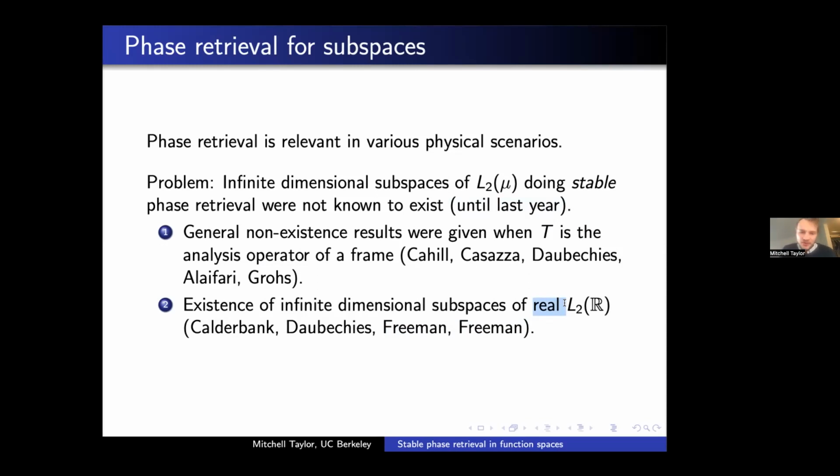So what I want to do now is just give you some extremely simple examples of subspaces that do stable phase retrieval, and I chose these examples because they are so simple. We can say more. These examples for us were motivated by the theory of Lambda p sets, and there's a big theory here about densities and stuff like this, and we were able to construct subspaces of somehow maximal density that do stable phase retrieval, but for the sake of clarity, I'll omit these and just give you the simplest examples of subspaces we can build.